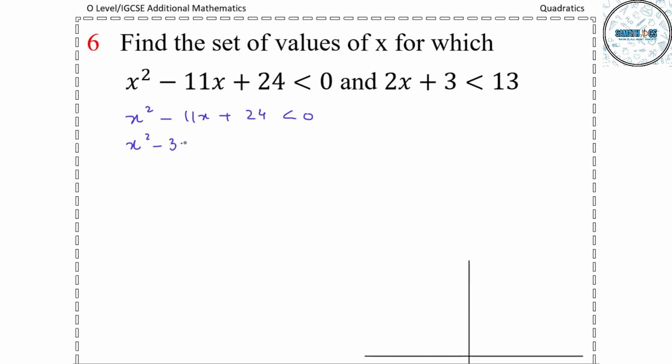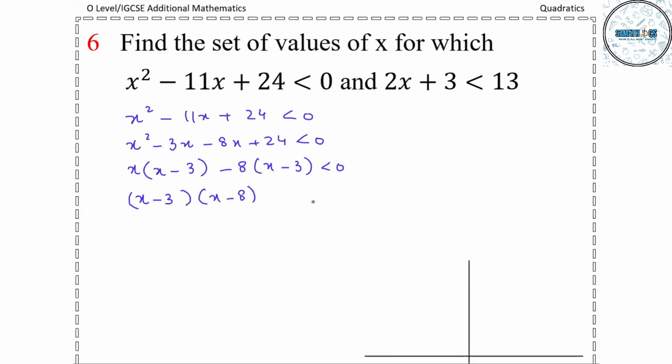So minus 3x minus 8x plus 24 is less than 0. Then we will take x as common. x minus 3, minus 8 is common, x minus 3 is less than 0. Then we have x minus 3, x minus 8 is less than 0.